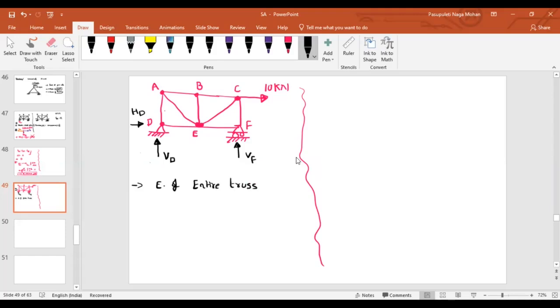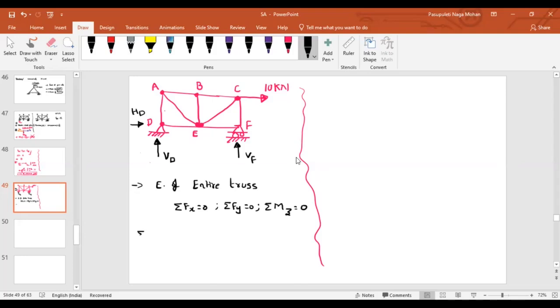Always remember, if I am considering equilibrium of the entire truss or some part of the sections, then how many equilibrium equations will exist? Summation of x equal to 0, summation of y equal to 0, and summation of moment also equal to 0.